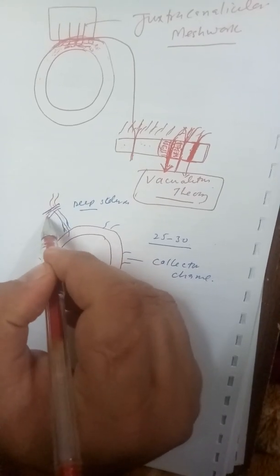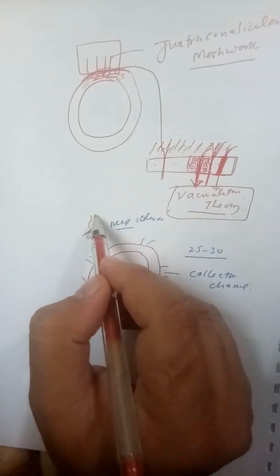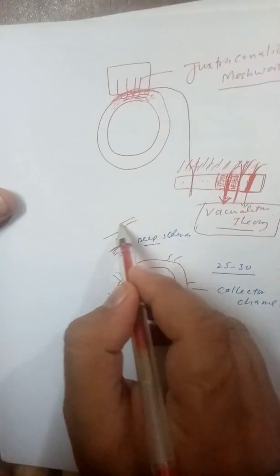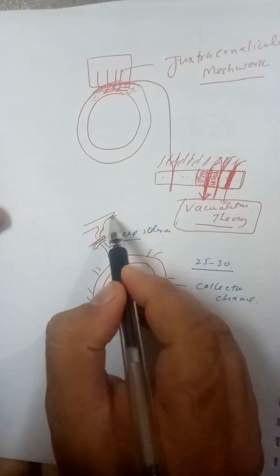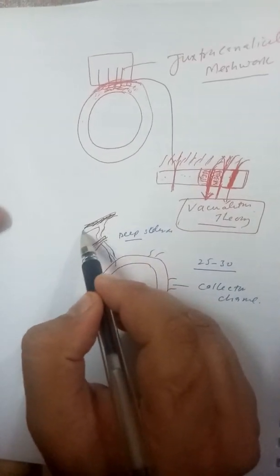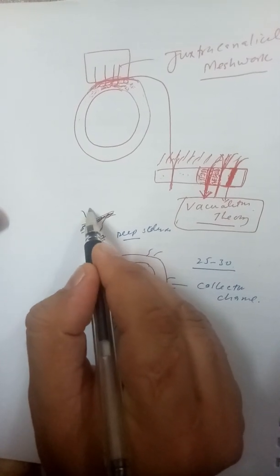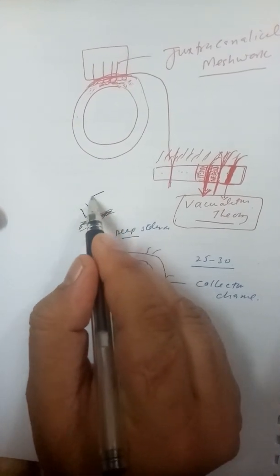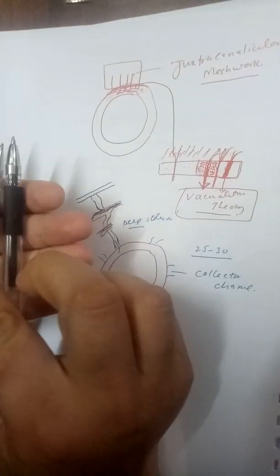This is the deep scleral plexus, and from the deep scleral plexus, it reaches the intrascleral plexus. Let's suppose this is your intrascleral plexus, and what really happens from the intrascleral plexus? There is another plexus which is called the episcleral plexus.